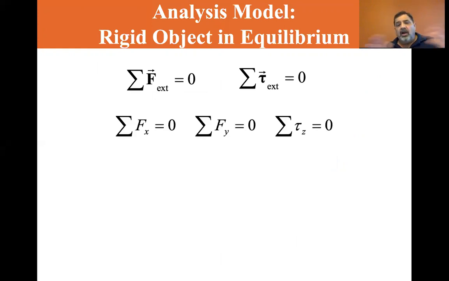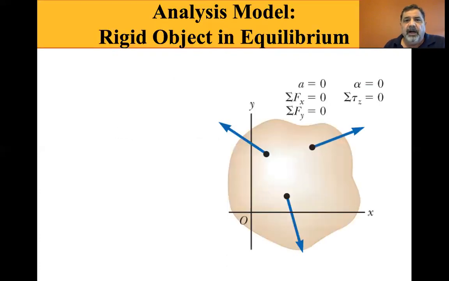And that applies to all the components. Now, I'm wondering if that's a mistake, because the sum of the forces in x, y, and z should be 0, and the sum of the torques in all directions should be 0 also.